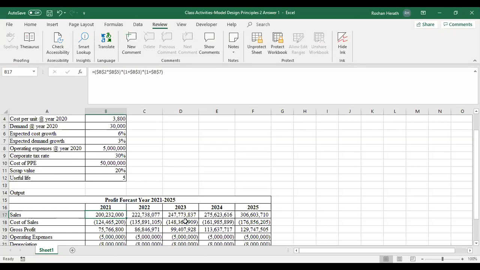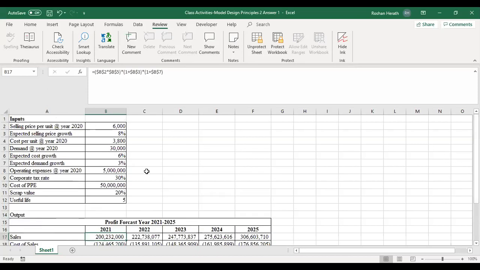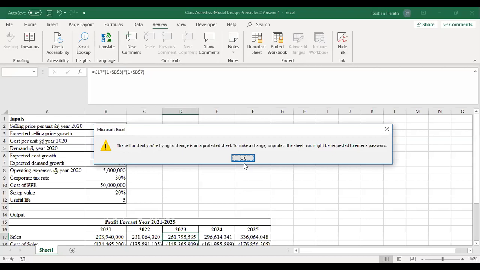If that happens, the whole model goes wrong. So to avoid that, you can protect the rest of the areas while allowing the user to operate in a particular area. Then under any circumstances, the output may not get affected. All the user can do is change the input area. He cannot even by mistake type something.